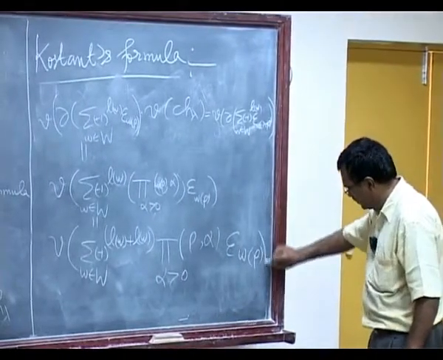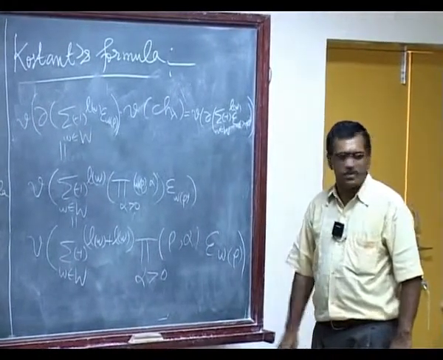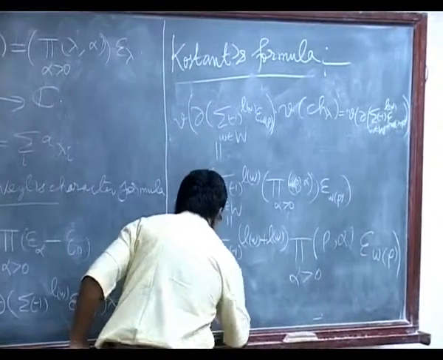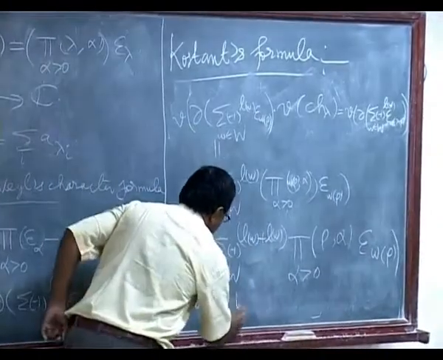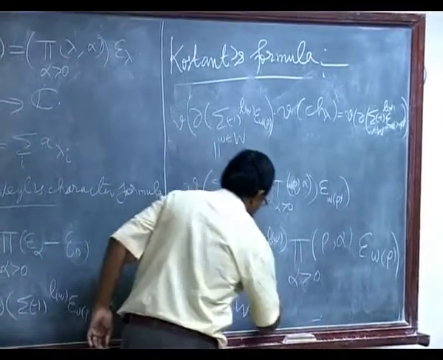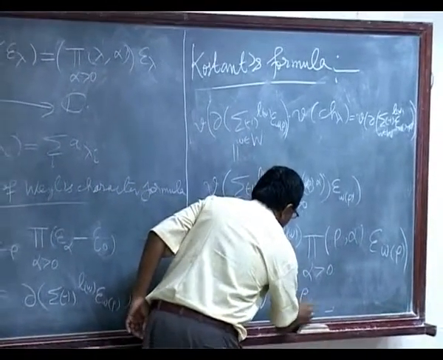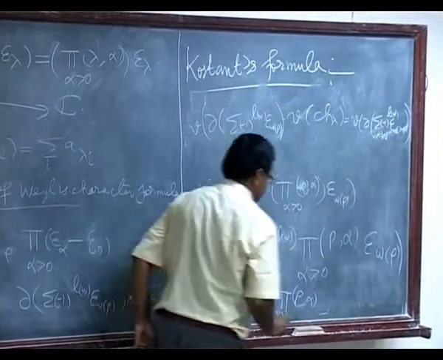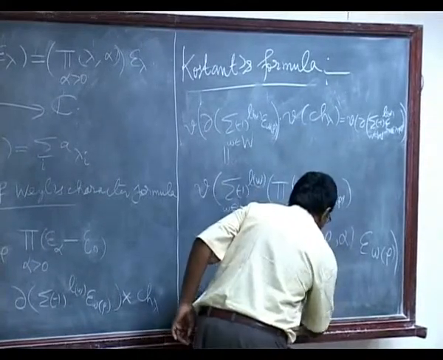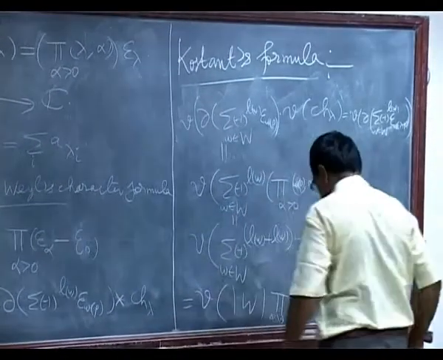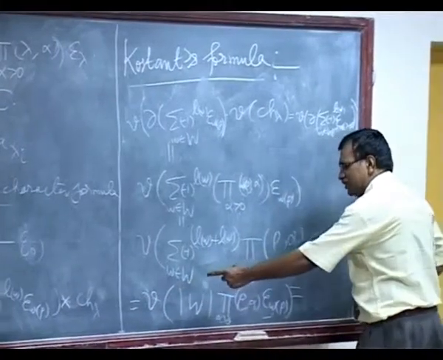Okay, and then there is a V outside. But you see, therefore, this becomes V, but every time it is plus. So, this is simply the Weyl group, the coordinate of the Weyl group, and then the product of rho alpha, alpha positive, epsilon W of rho. So, this is simply the valuation map.